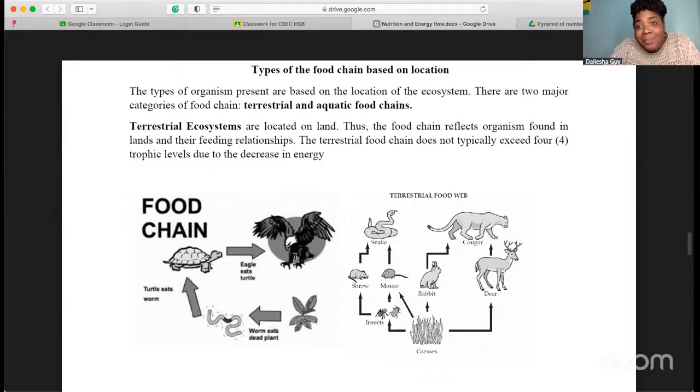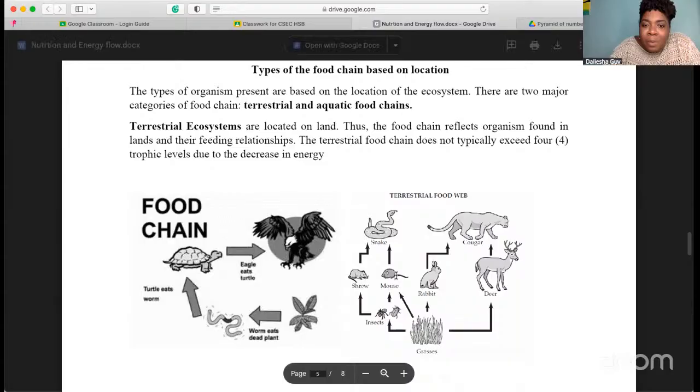Then we have the terrestrial food web. So we have a web here. We have grass, insects, the shrew, the mouse, the snake, the rabbit, the deer, and the cougar, right? So I want us to note that these organisms are necessary in that they are all a part of the web.